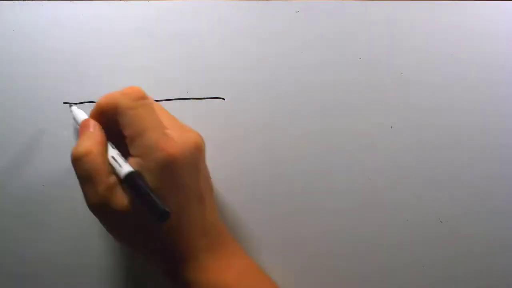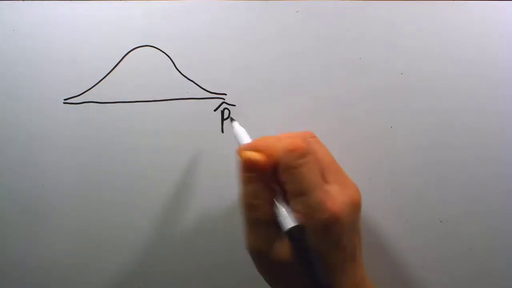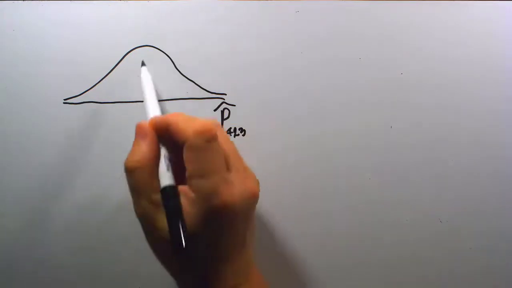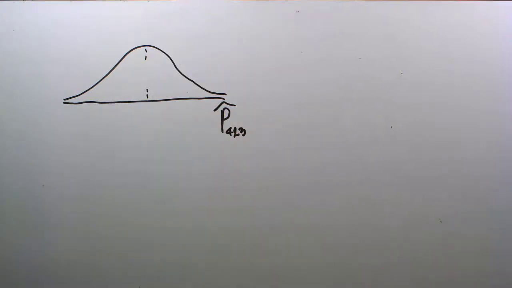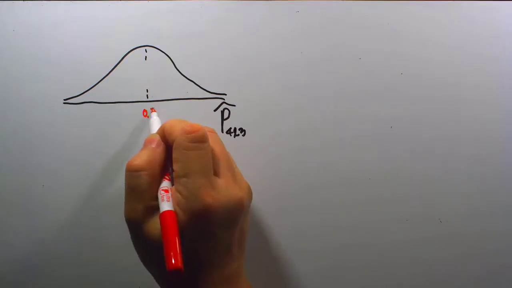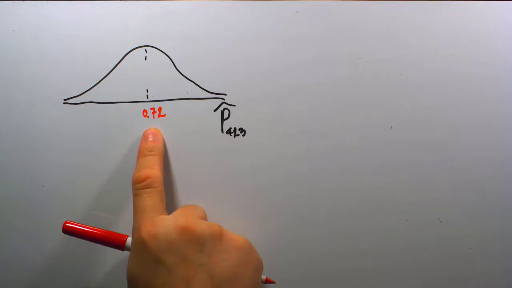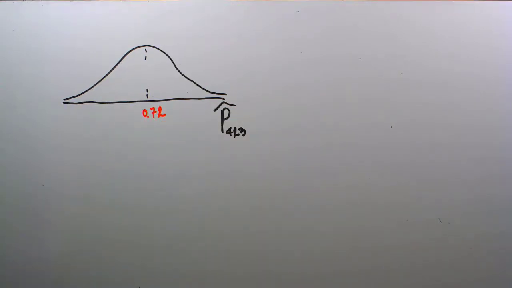And now on the bell curve representing the distribution of all sample proportion values at size 423, we already knew that this bell curve would have a center being 0.72, because we have accepted, for now, that this was the truth, the true proportion of iPhone users.